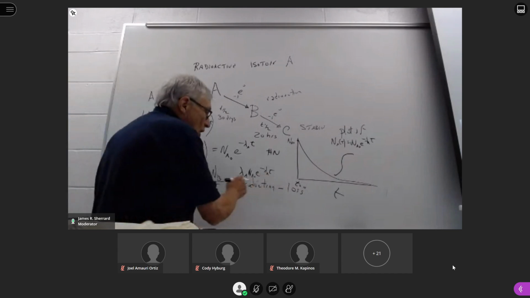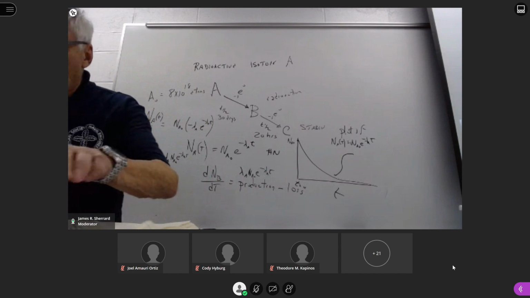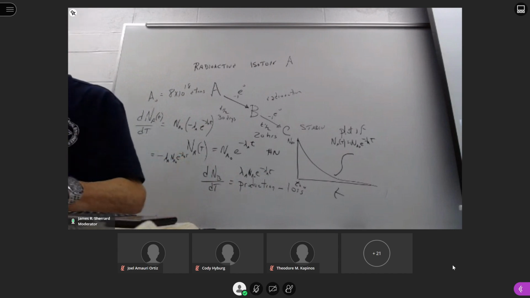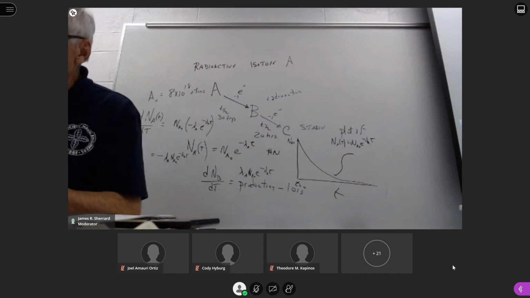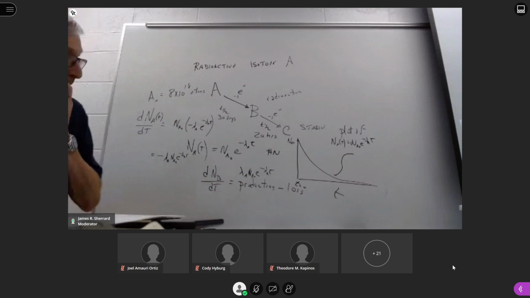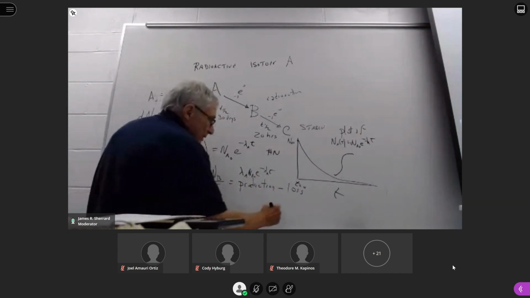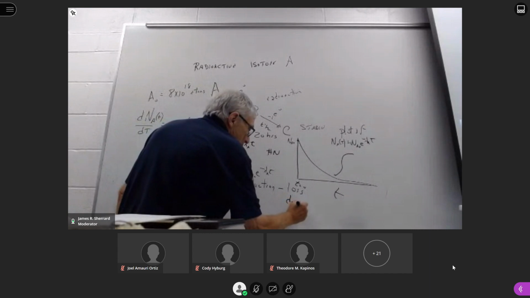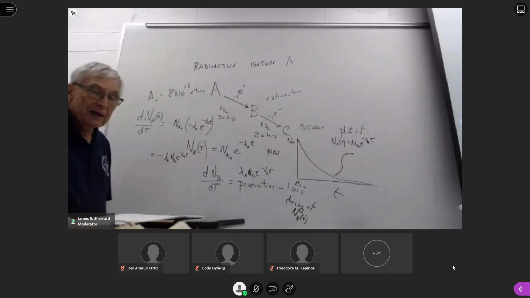What do we have for the loss of B's? If you want to follow this in the book, you could follow on page 59. But the loss is solely the decay of B's with respect to time.